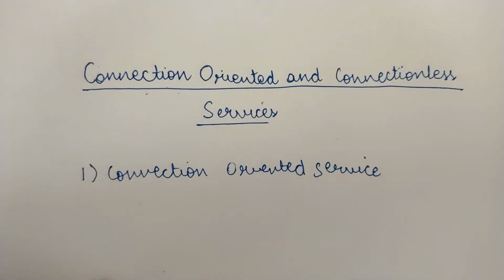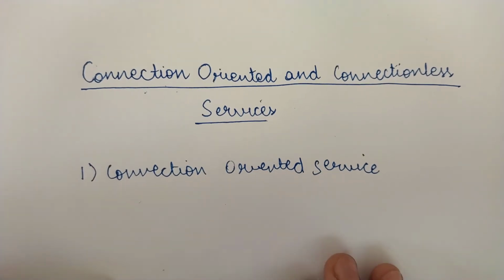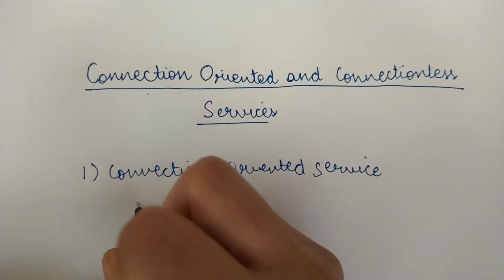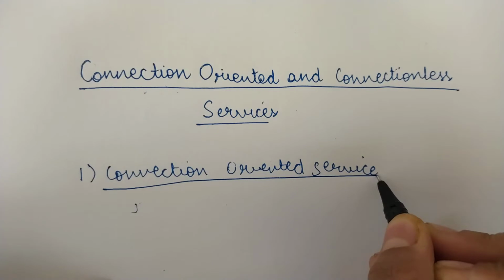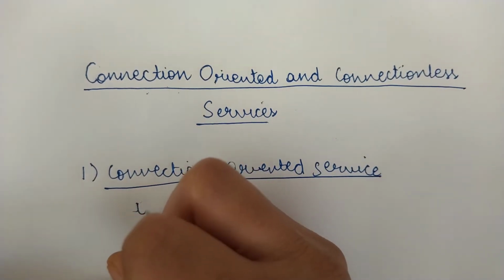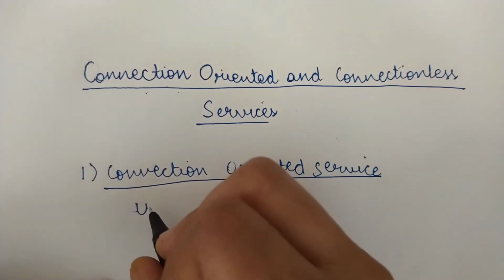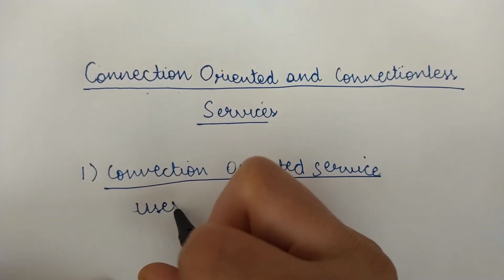In the connection oriented service, when a user wants to use a connection oriented service, obviously it is the user who would want to use the connection service, whether it is connection oriented or connectionless. There are three basic steps.